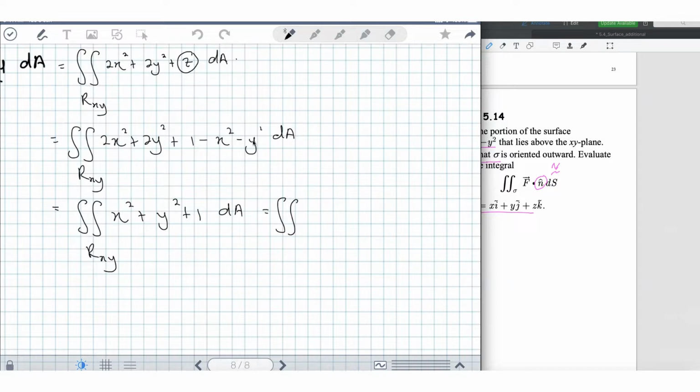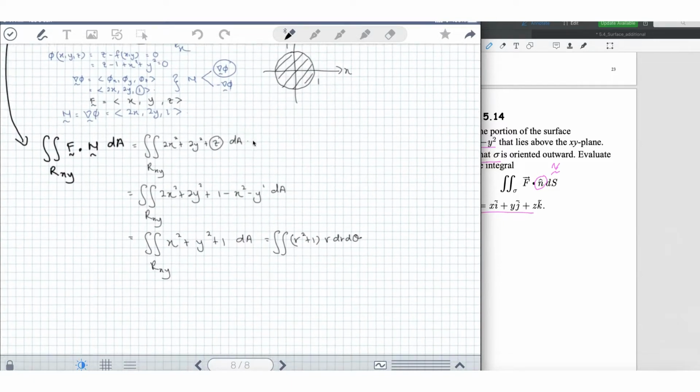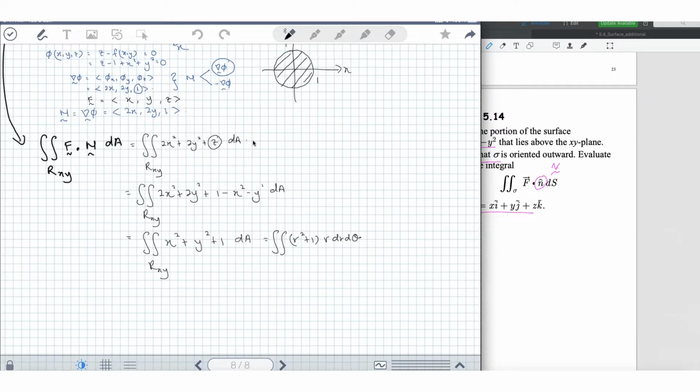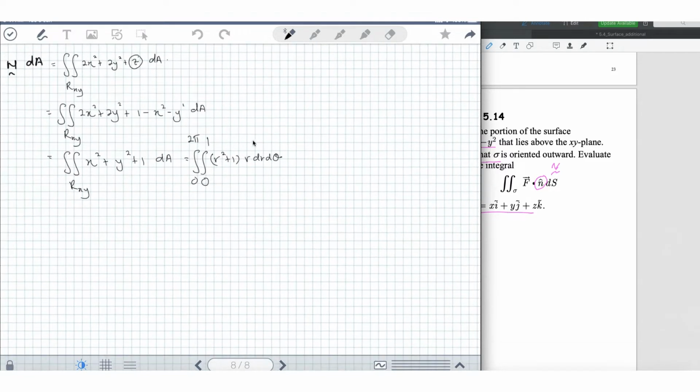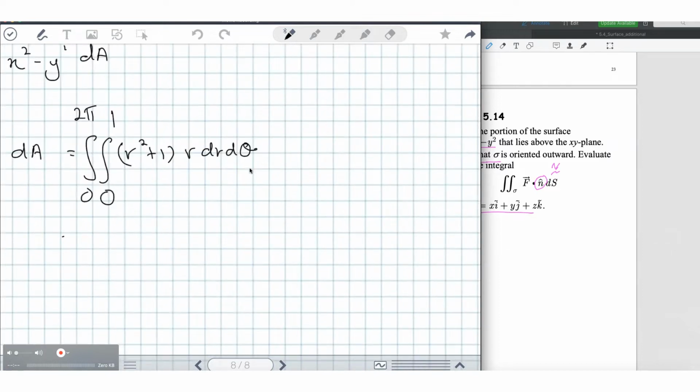So when you convert into polar, then you have r squared plus 1 r dr d theta, and look at your region. You have a complete circle, so theta is 0 to 2 pi, and your r is 0 to 1. Okay, so I'm sure that you have no problem to integrate this.